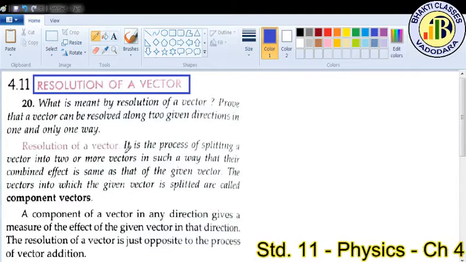Resolution of vector is the process of splitting a vector into two or more vectors in such a way that their combined effect is the same as that of the given vector. The vectors into which the given vector is split are called components of the vector.